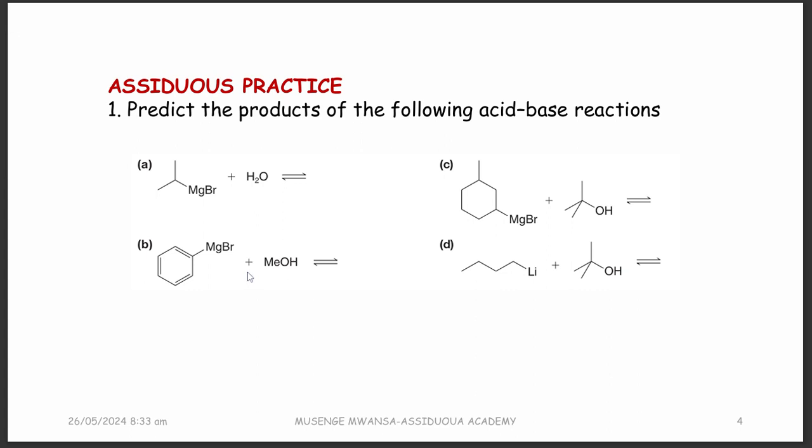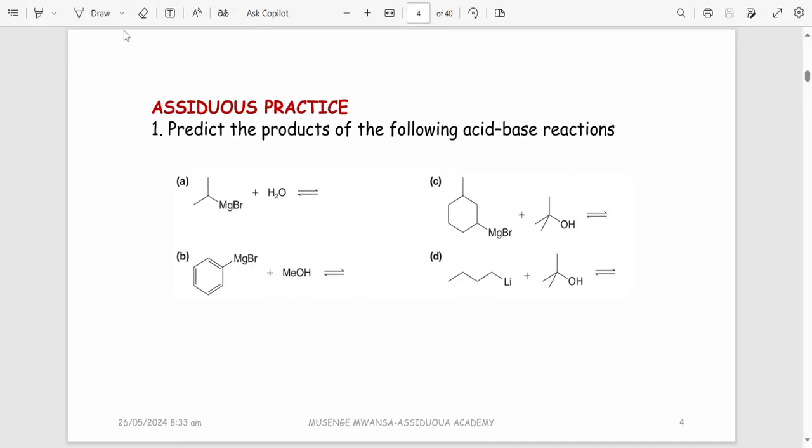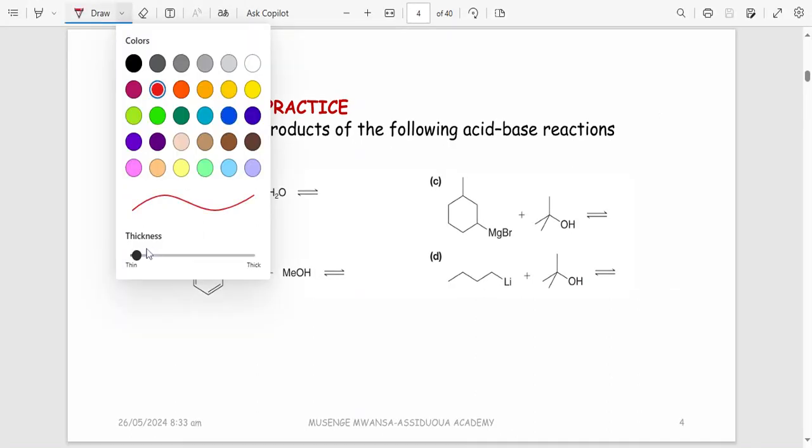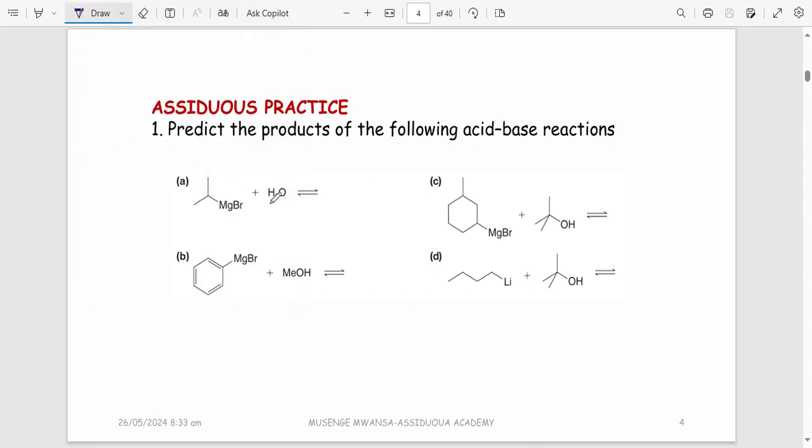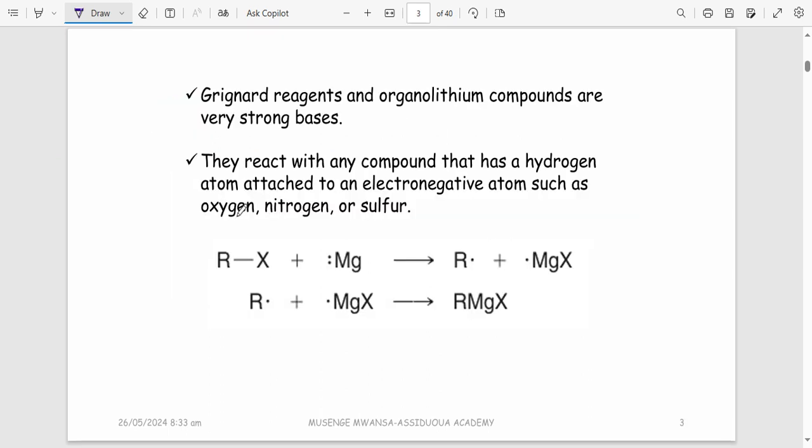Okay, look at this one. These are practice questions. You want to predict the product of these reactions. You can see we are having water and we are having a Grignard reagent. When you have got this organometallic compound where the magnesium is, that's what we call the Grignard reagent.